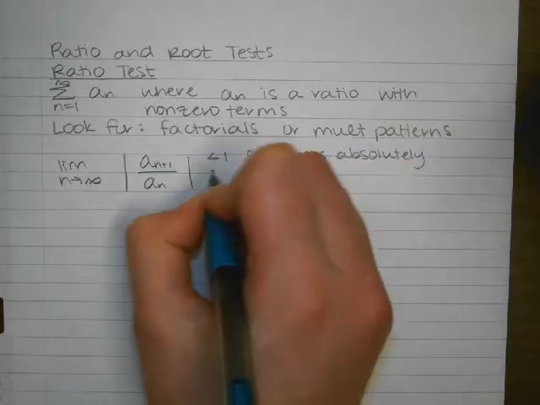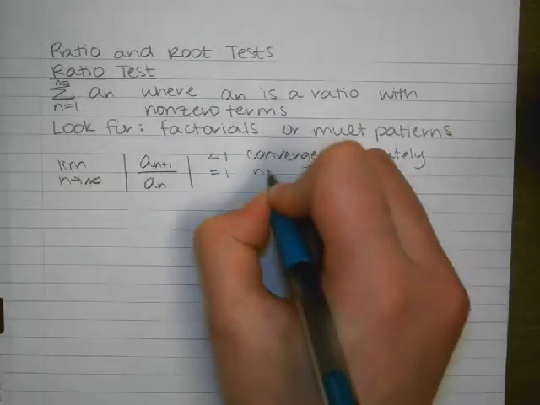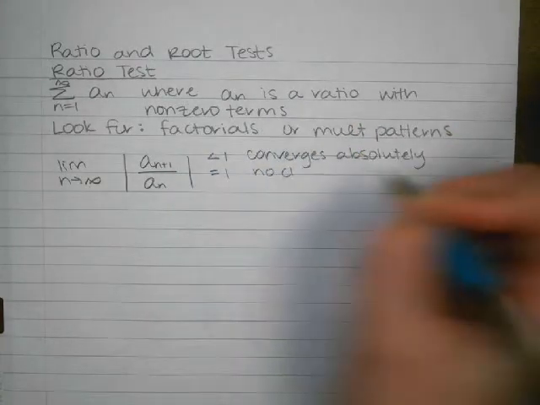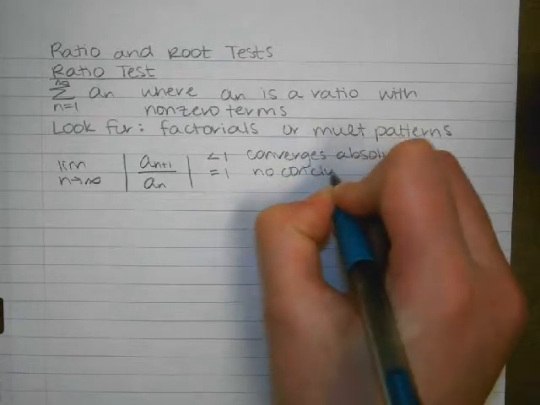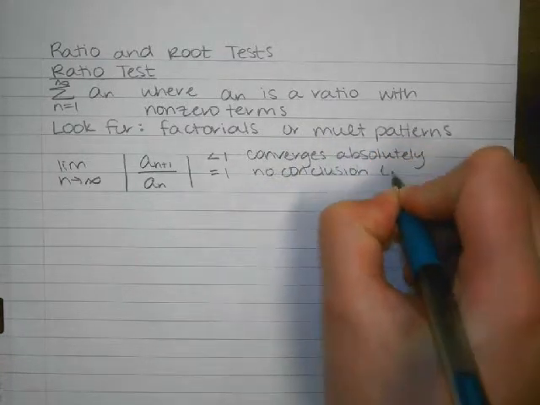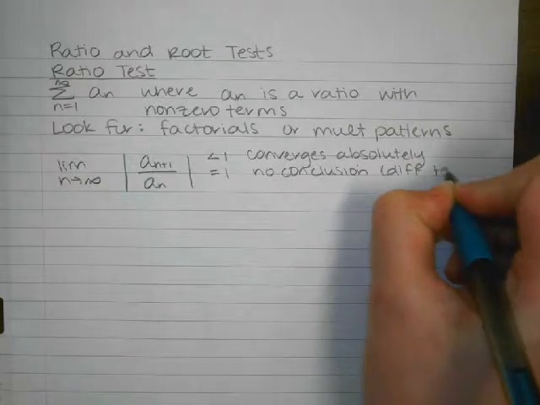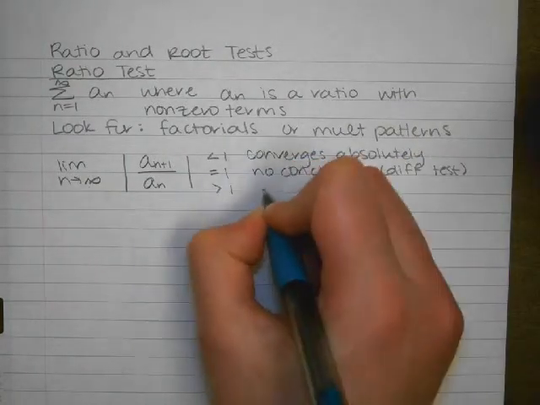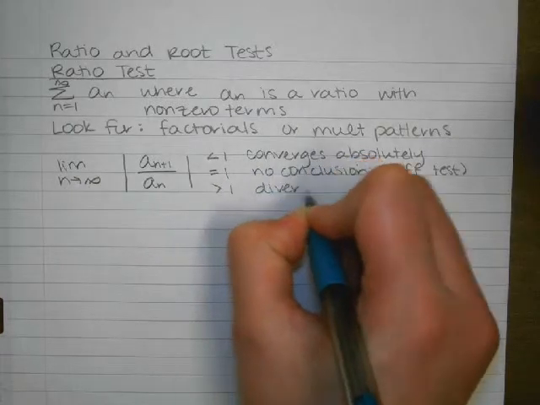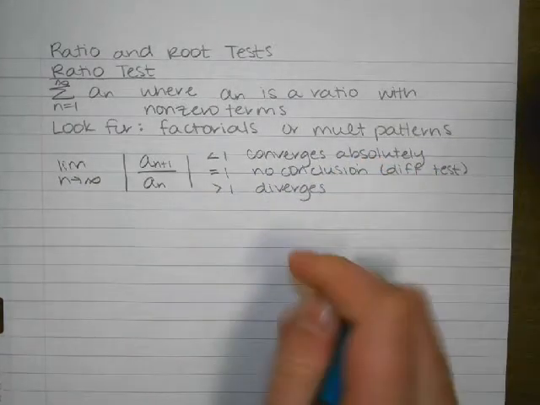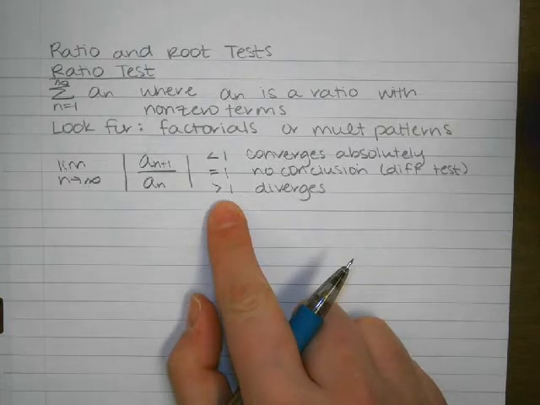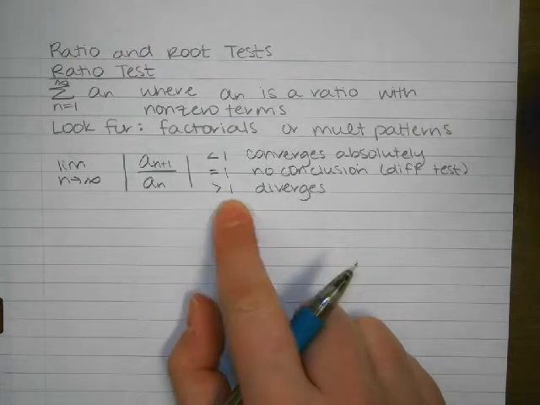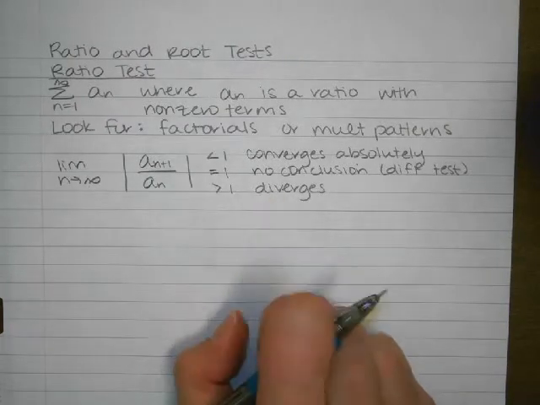If it equals 1 exactly, then our conclusion is there is no conclusion, and we must use a different test. And if the result is greater than 1, then that means that the series diverges. And that includes infinity. So sometimes students will ask me, what if the limit is infinity? Well, that's greater than 1, so it diverges.